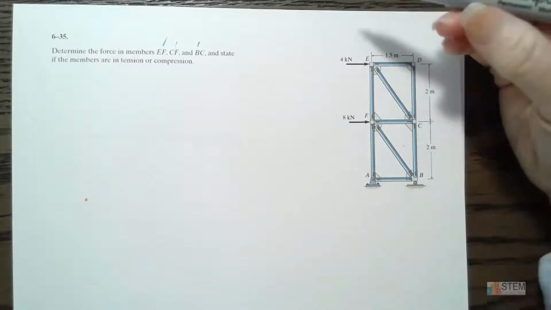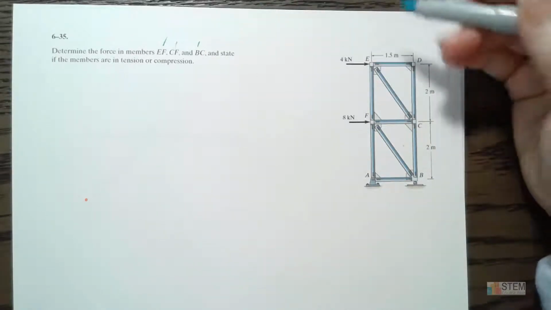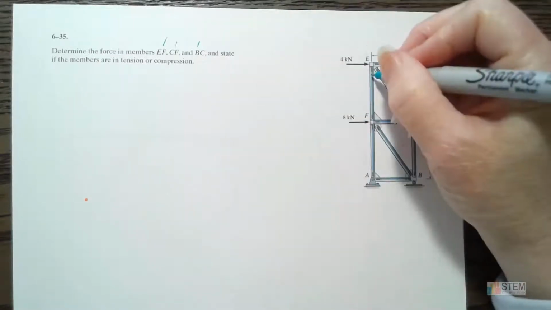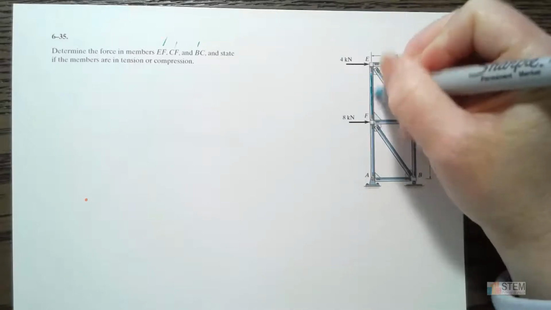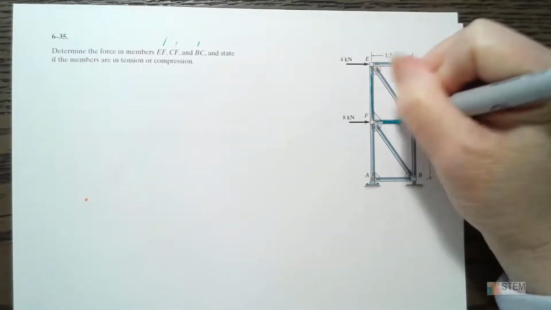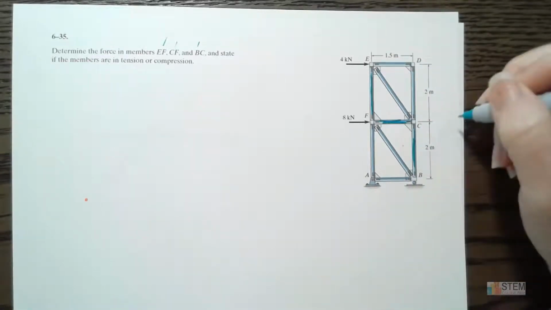Okay, so the way we want to start off, after we've already figured out it's method of sections, is to figure out where these members are. Here is EF, and then CF is right here, and then BC is right here.